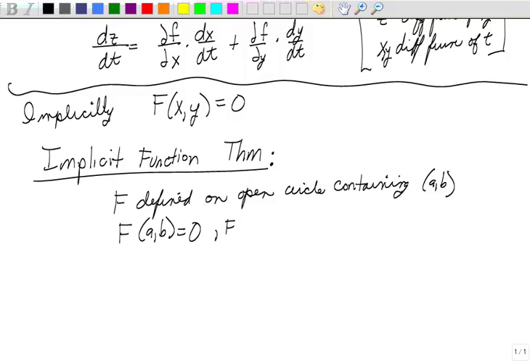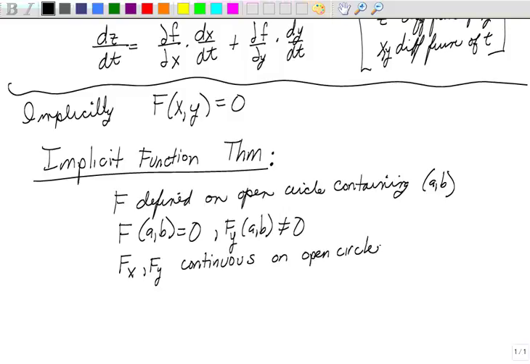The partial of f with respect to y at the point is not 0. And fx and fy are continuous on the above disk, on that open circle.